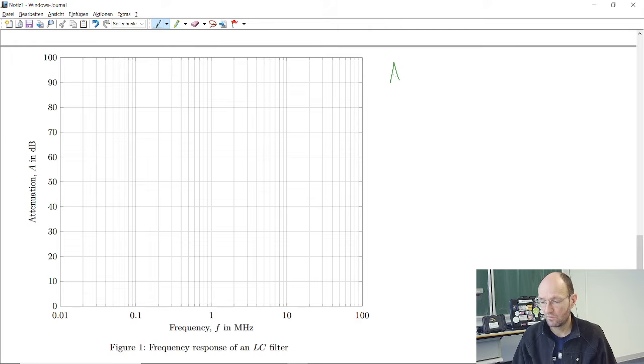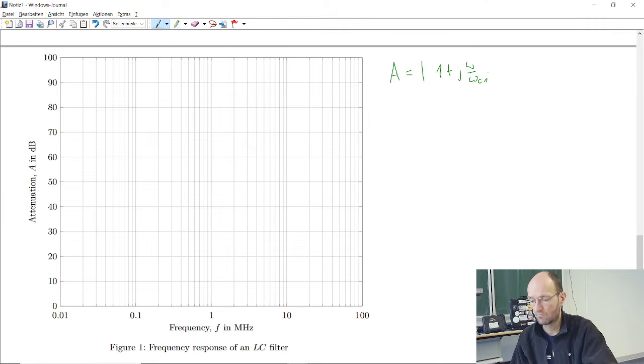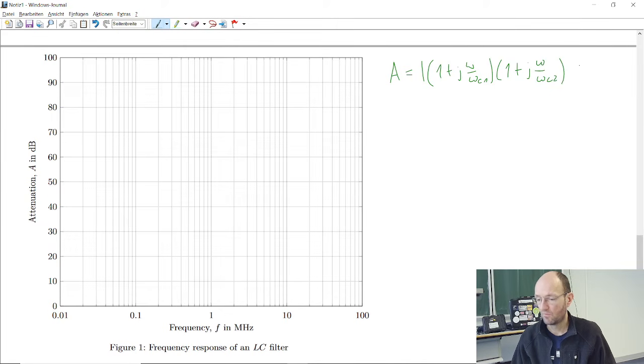So what we are interested in now in this attenuation is the magnitude of what we had before, 1 plus j omega divided by omega C1, multiplied with 1 plus j omega divided by the second corner frequency omega C2, and then plus 1.